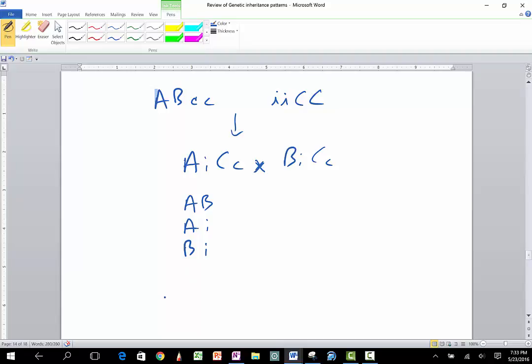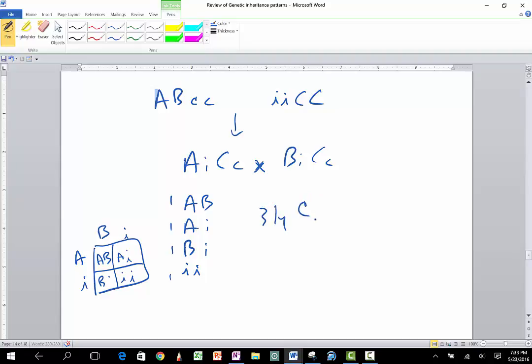Alright, sometimes it's worth doing a Punnett square, just to keep ourselves honest. So for the I locus, we can get big A or I, or big B or I. So we can get these things. So these are 1 to 1 to 1 ratio. 3/4 big C, 1/4 little c.